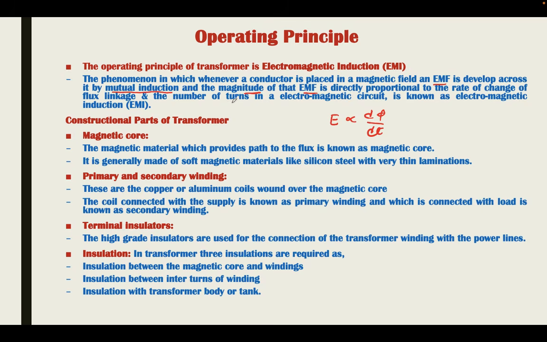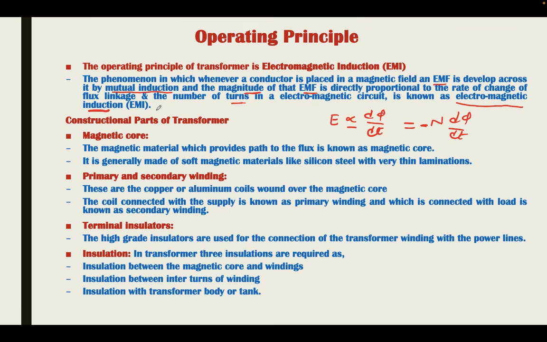Flux linkage and the number of turns, because there is a proportionality factor, and this can be written as E equals n d phi by dt, and the sign of this can be taken by Lenz's law, which is minus, as according to Lenz's law it always opposes the cause producing it. This phenomenon is known as electromagnetic induction.